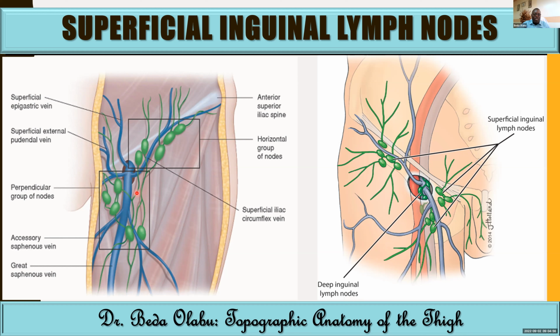Then it terminates into the back of the knee, what we call the popliteal fossa. So only that territory of the small saphenous vein will the lymphatics not drain to the perpendicular group of superficial inguinal lymph nodes.